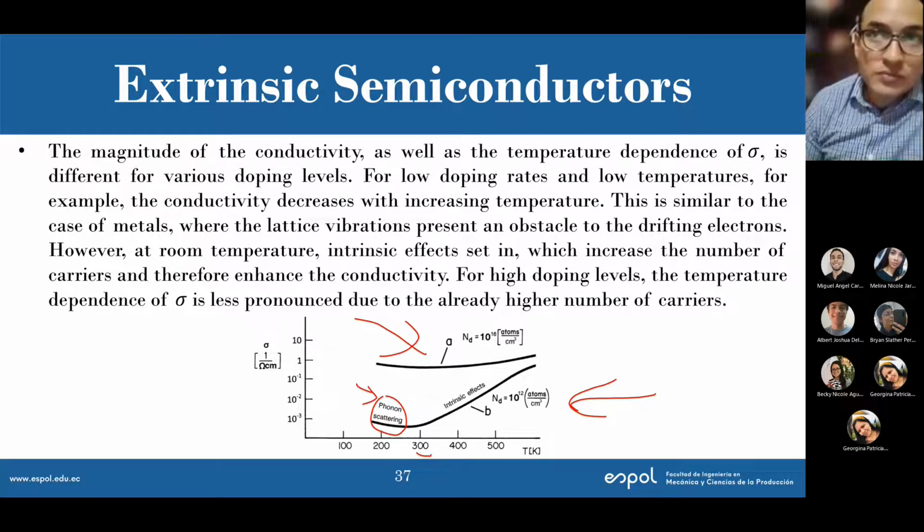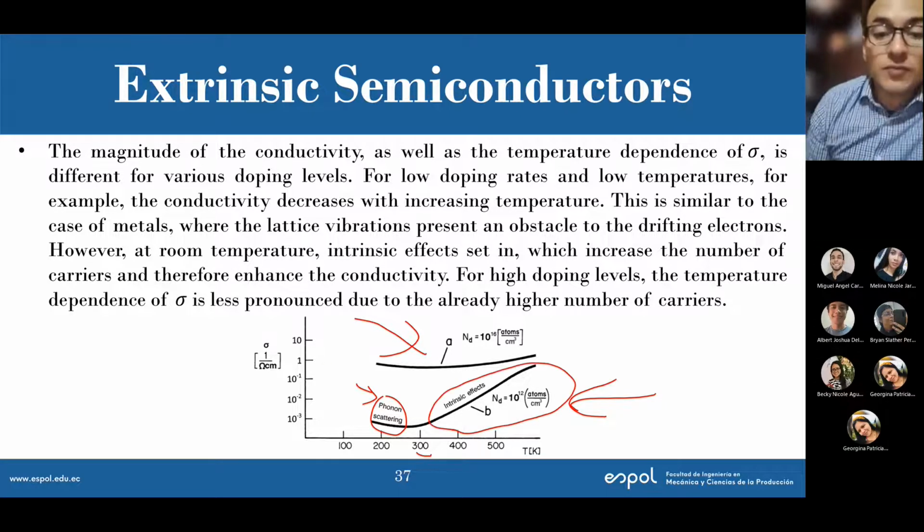Remember that at room temperature we have that competition between mobility and number of electrons. But as we said, what wins the battle is the number of electrons. So n wins the battle, and therefore you start seeing this increment.